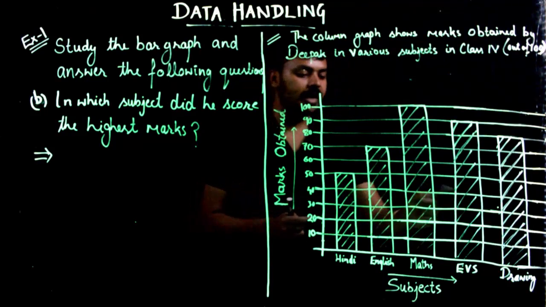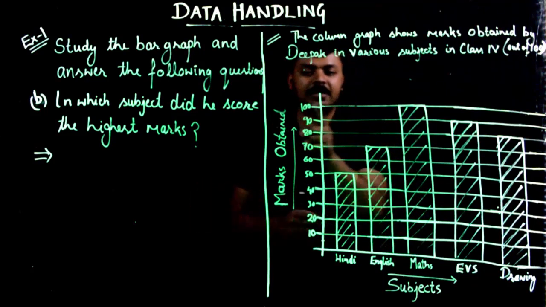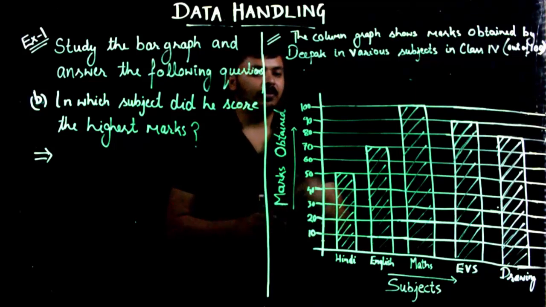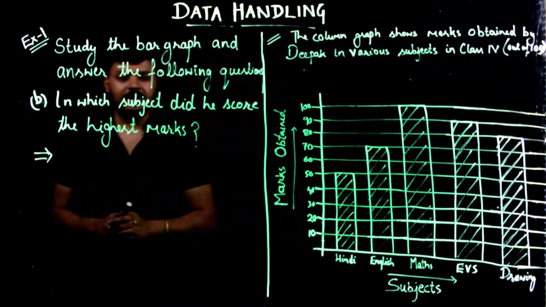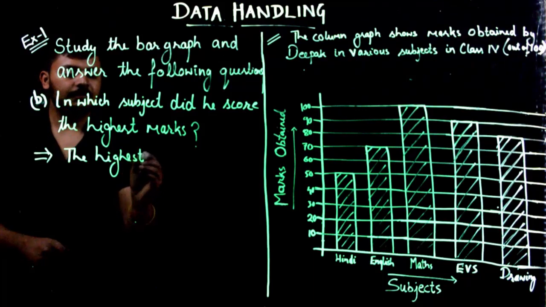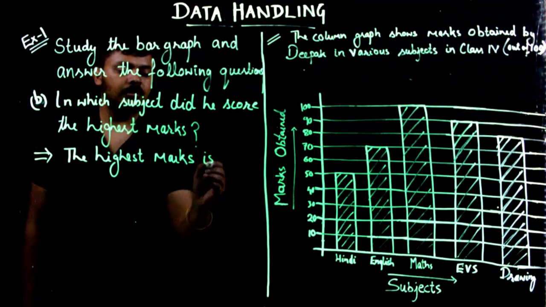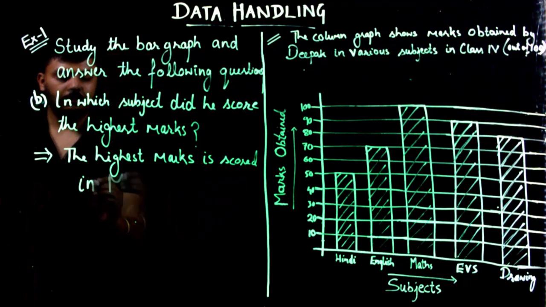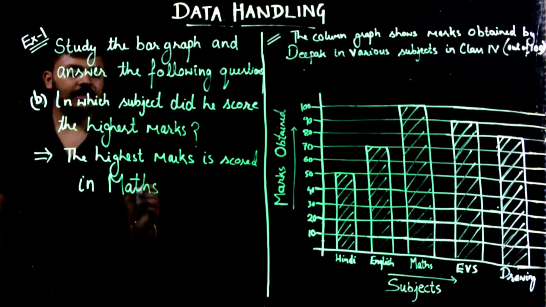So we can see that maths has the highest bar, that is up to 100. So the highest marks obtained by him is in maths. The highest marks is scored in maths, and that too it is 100.